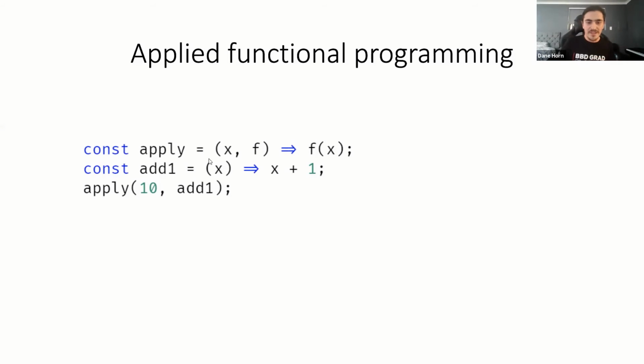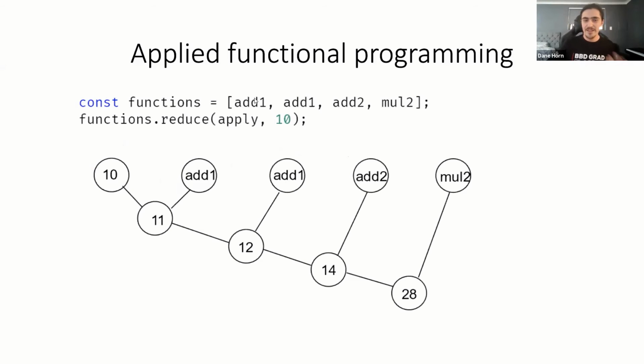Now, if you look at the signature here, I mentioned anything can be a reducing operation if it takes in 2 arguments and returns a single value back. So what happens if we have an array of functions? Well, we can see if we reduce this array of functions with apply and take in an initial value of 10, we can see the chain of how this will work here.